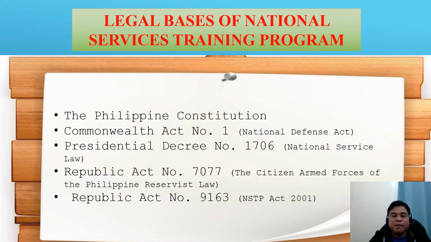Fourth, Republic Act Number 7077, also known as the Citizen Armed Forces of the Philippines Reservist Law. And the last, the fifth, Republic Act Number 9163, also known as the NSTP Act of 2001.